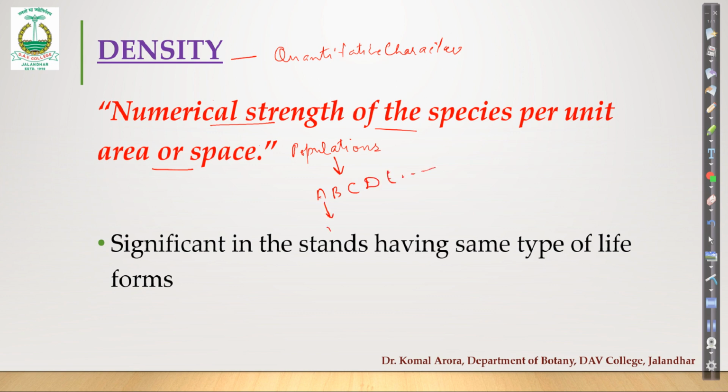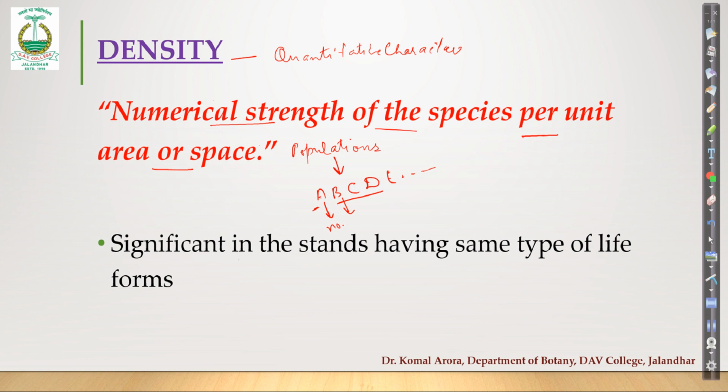When we count the number of plants of A and express it per unit area, this is called the density of species A. Similarly, we can do this for the others also. It is the numerical strength, meaning the number of plants of that particular species found per unit area or space.